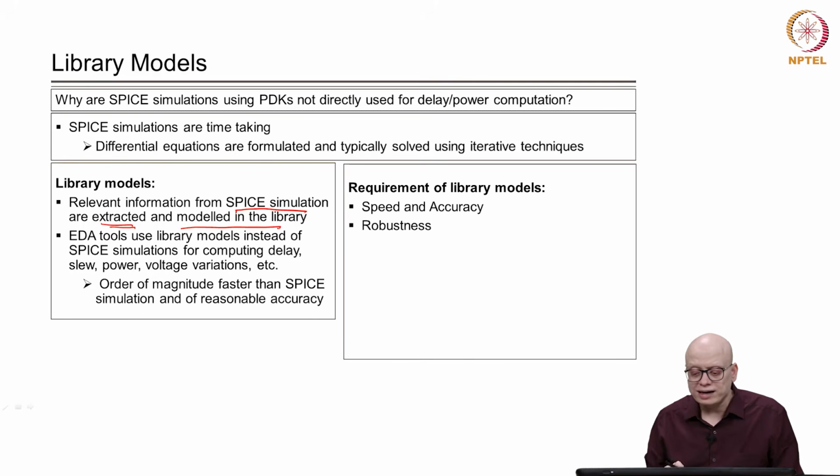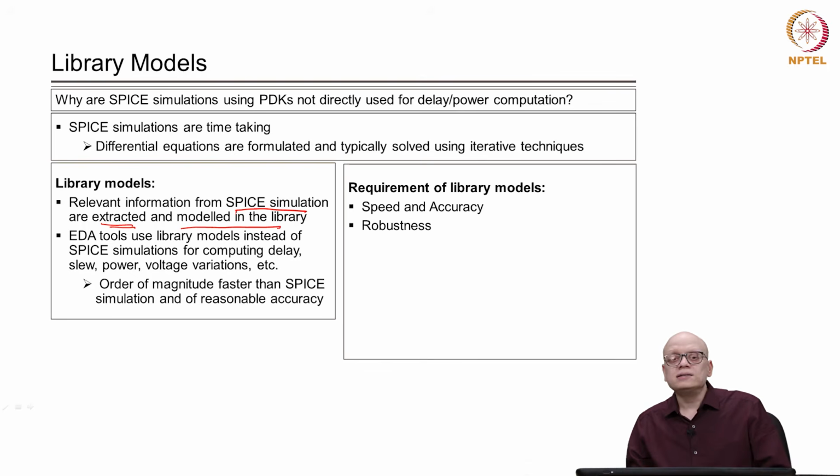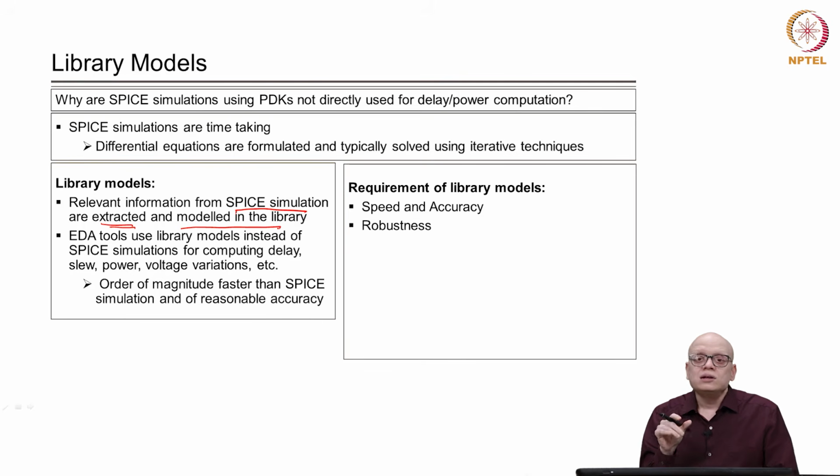Then the second important attribute of a library model is robustness. What we mean by robustness is that suppose there was an inverter in our library. That inverter will be used at say 100 different places in our design, in our layout. The number of instances of an inverter can be very huge, and what we want is that for each instance of the inverter, the delay number or power number should be computed accurately in comparison to the spice simulation.